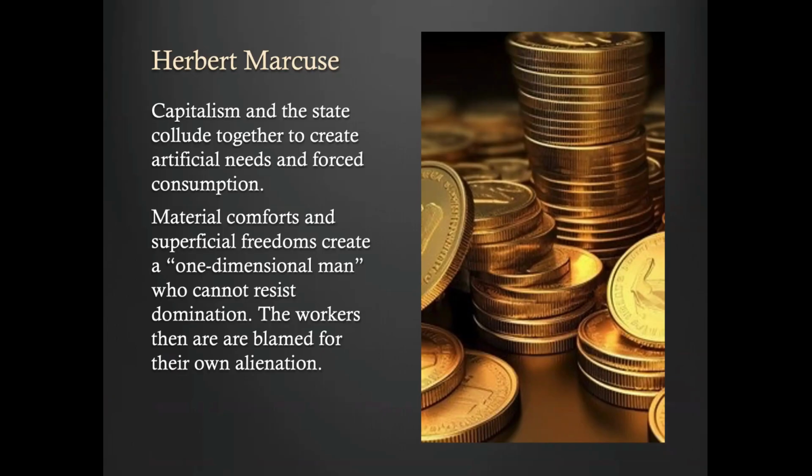And so Marcuse argues that capitalism and the state collude together to create, wait for it, artificial needs and forced consumption. Oh, imagine that. Imagine an economic and political system that are cultivating artificial needs. So we consume stuff that we don't even need.